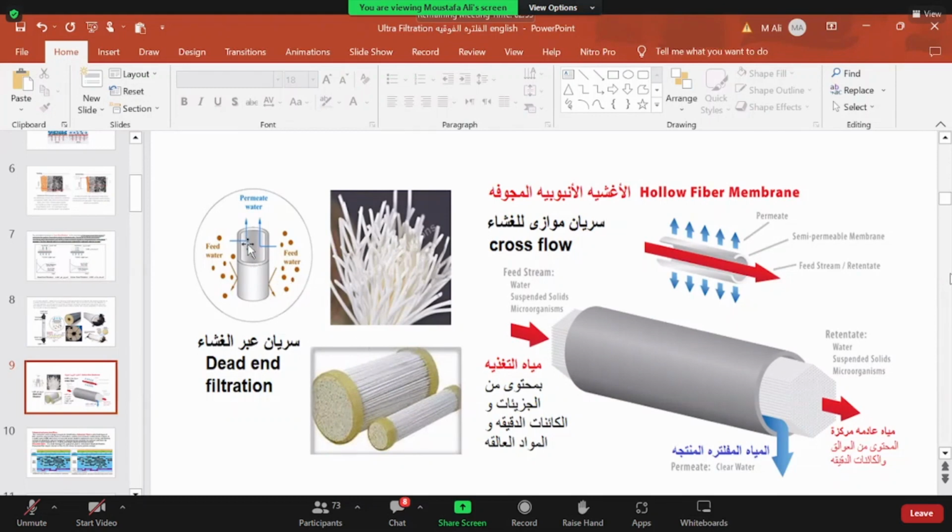Here also we can notice that it is from outside to inside. It can be used for cross flow, as in this figure, or dead end filtration. We can see both sides of the figure. Here this is inside to outside filtration, or it can be used as outside to inside filtration.